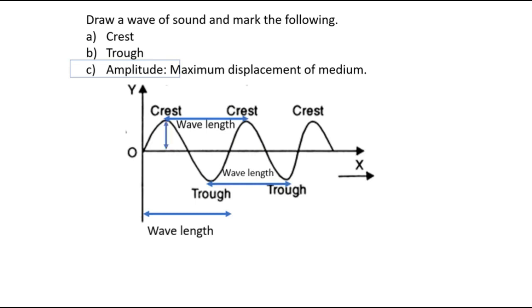This much is displaced, right? Or below, we can say that from the initial position this much displacement has taken place in the medium. You can even take it in the next wave also. And that is the maximum displacement of a medium. And maximum displacement of a medium is called amplitude.